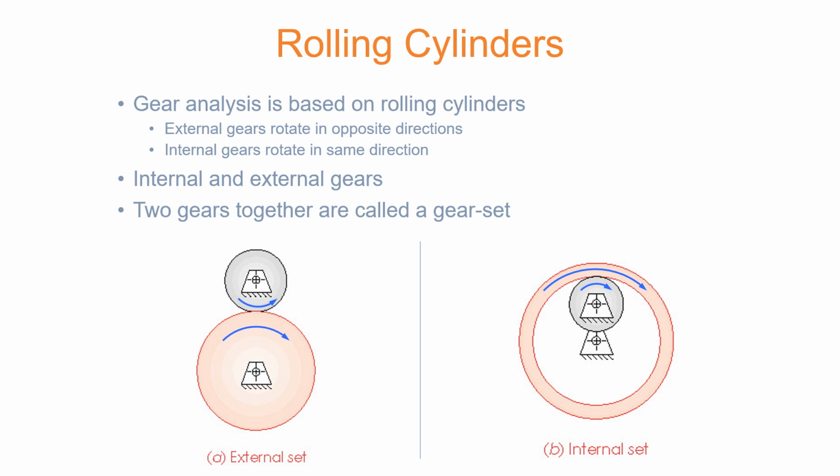So the very first starting point would be the rolling cylinders example. And you can see that one appeared over here. You have a cylinder, which is the upper cylinder, shown in lighter shaded gray over here. And you can also see that the cylinder has the rotational direction indicated as well. There is another cylinder, a smaller diameter cylinder, which is in contact with the upper cylinder.